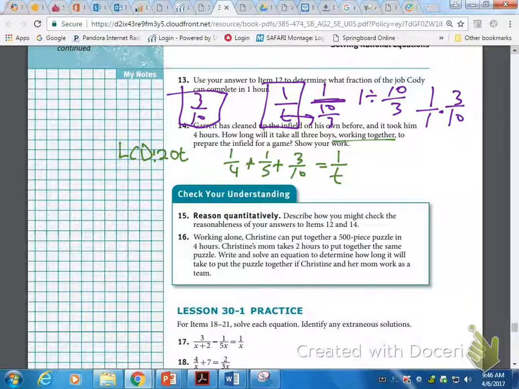And then we need to represent our T. When we work that out, we end up with T, the time it's going to take them, as 4/3. Or we would translate that into 1 1/3. So it takes them 1 1/3 hours to do it with all 3 of them working together. Okay?